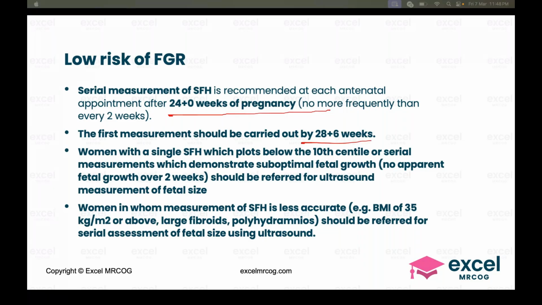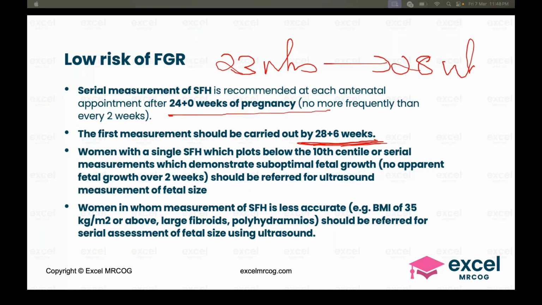So if she has come, say, at 23 weeks earlier, and then she comes at, say, 28 weeks, at least by 28 weeks she should have her first measurement. So after 24 weeks means at least by 28 weeks, 6 days, she should have her first measurement of symphysiofundal height.